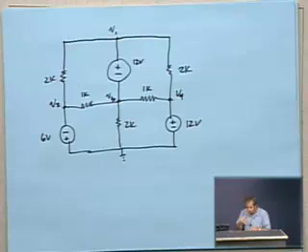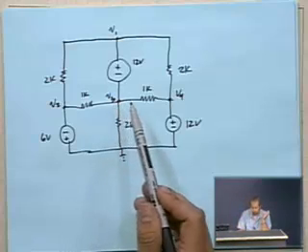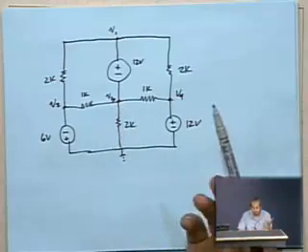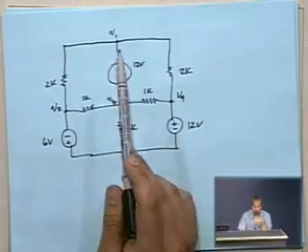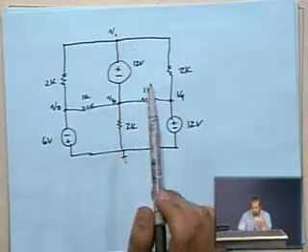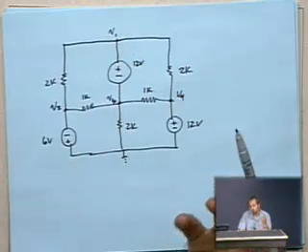I don't want this node down here on the bottom to be the reference node. I want V3 to be the reference node. If I do that, then I don't have that voltage source connected between two non-reference nodes like it is here. Now it's connected between a reference node and a non-reference node.